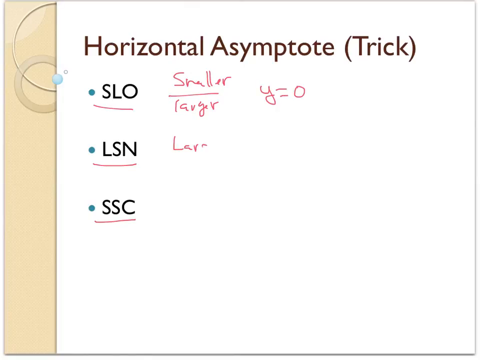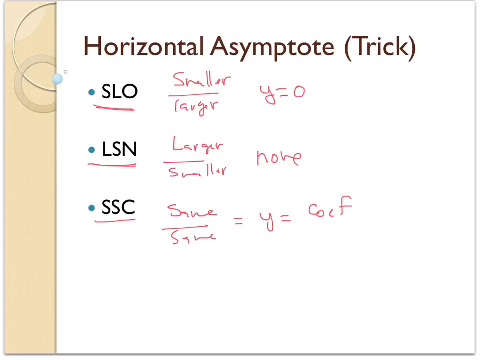When we have larger over smaller, we have none. And then South Side of Chicago is same degree over same degree. Y is equal to the leading coefficient over the leading coefficient.